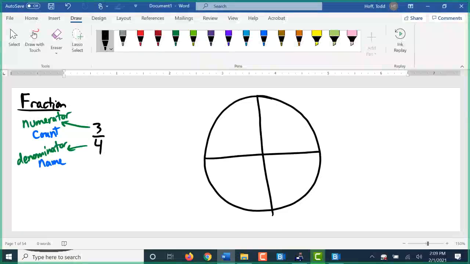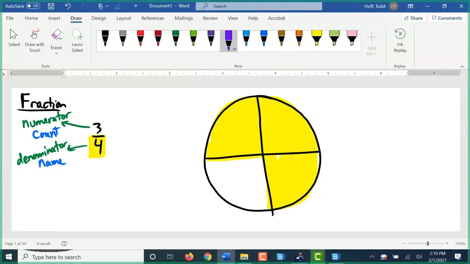Now pretend those pieces look equal. 3 then means that we have 3 of those pieces. There's a couple of ways to think about it. Either you can think of every whole object getting cut into 4 equal pieces, or you can think of it as it takes 4 pieces to make each whole object. That's what the fourths means. 3 is just how many pieces we have.